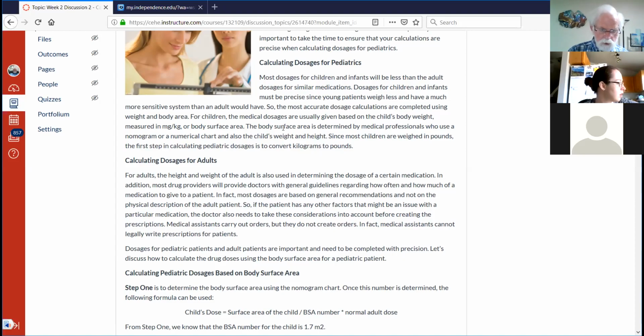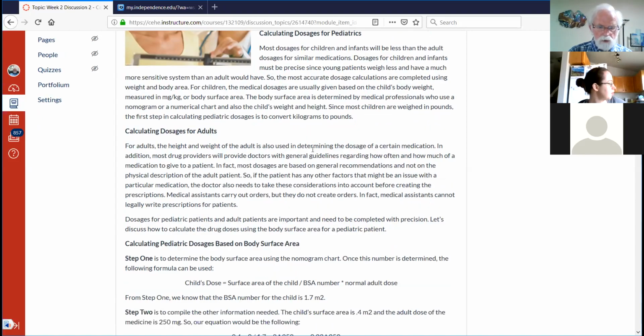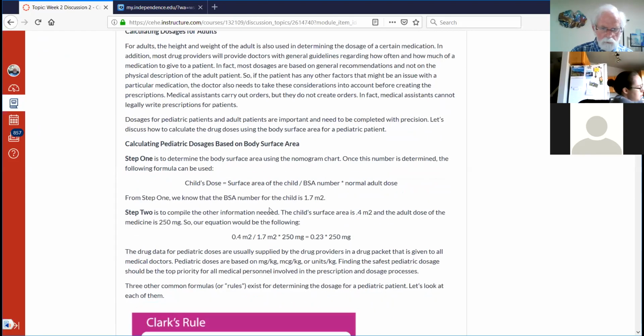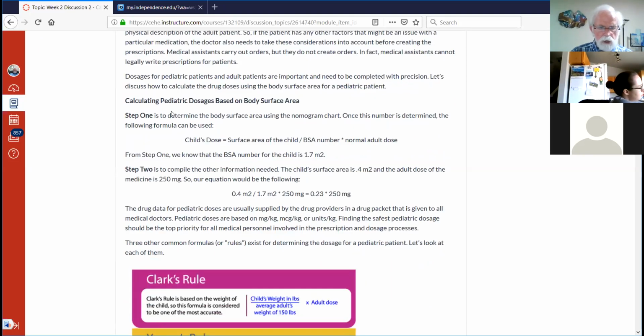The same when you're dosing based on body surface area. We first calculate the body surface area and then multiply the recommended dose per square meter. So if we look at pediatric calculations, we still have to base this on an average adult dose.